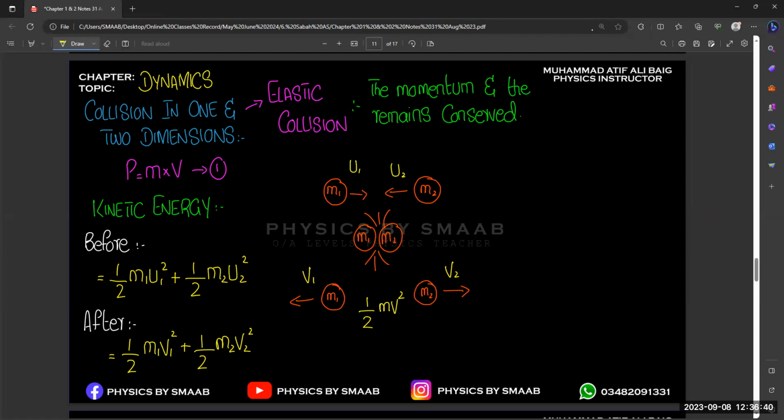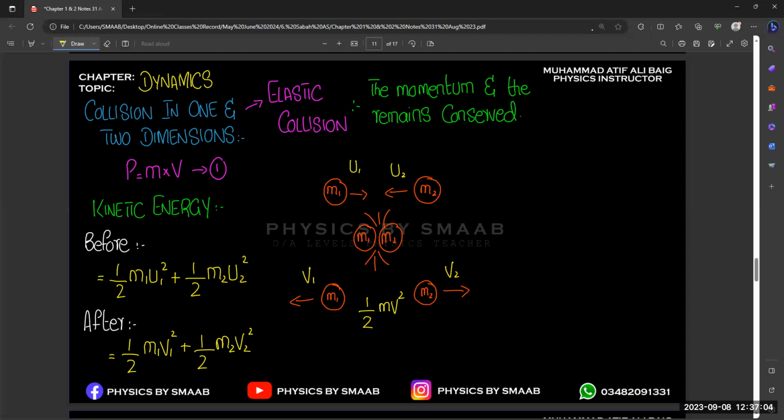So in simple words, we can say that your total energy will be equal to kinetic energy, that is again half mv square, and your energy will remain conserved. While if we consider the inelastic collision, your final energy will not be the same, because no energy is conserved.